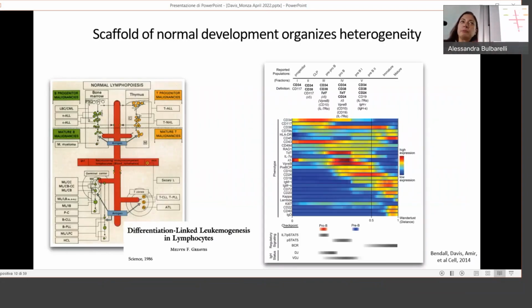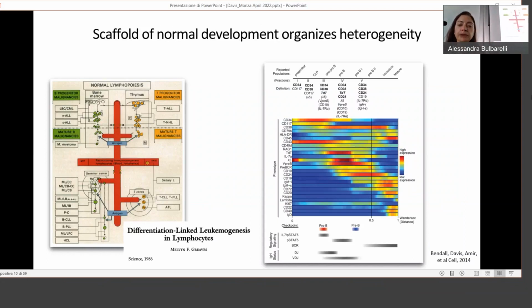So going back to our specific challenge in ALL, one of the ways that we approached this was taking what we know about normal development of healthy developing B cells, which is the cells that become cancerous in B cell ALL, and applying that as our scaffold upon which to model our leukemia data.